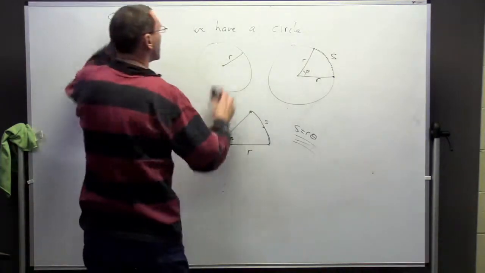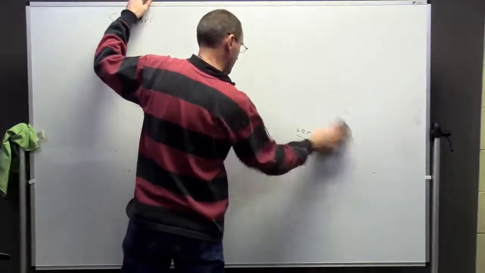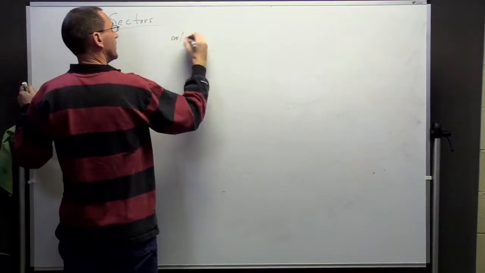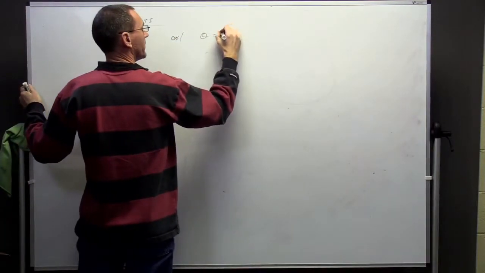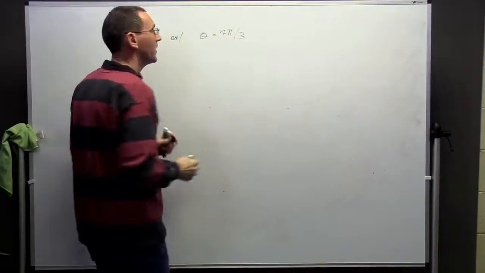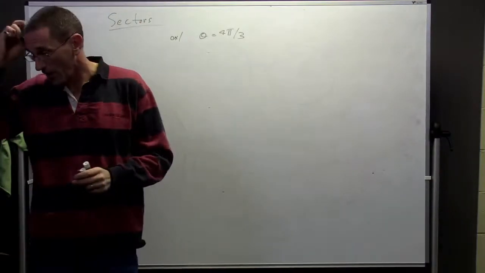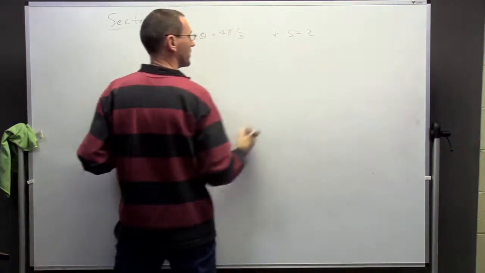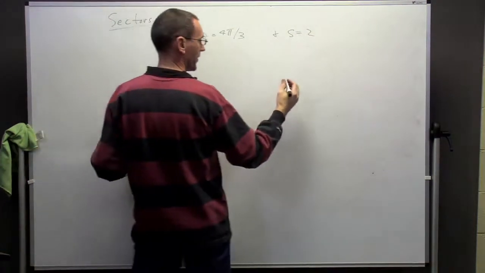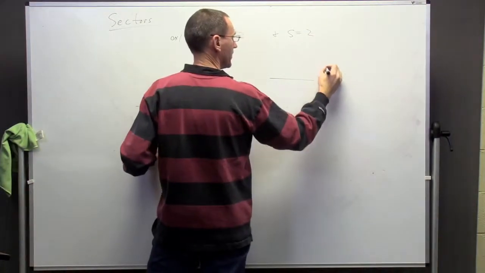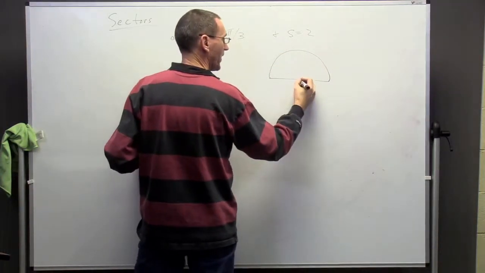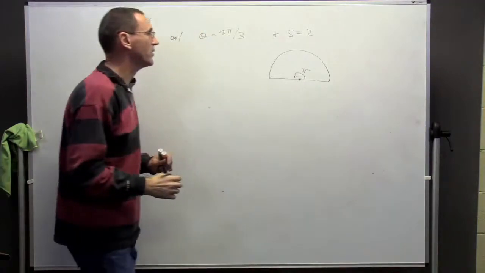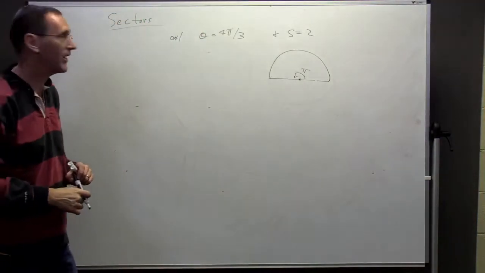That means if I have a sector with an angle of 4 pi over 3, and s equals 2, how would I draw that? The important thing is that half a circle is a sector where the angle is pi.